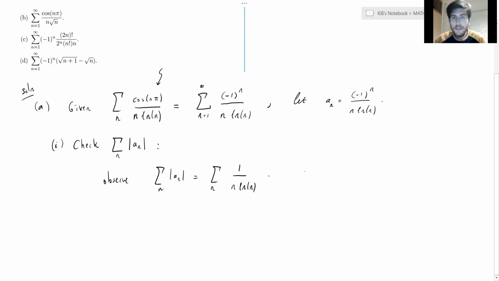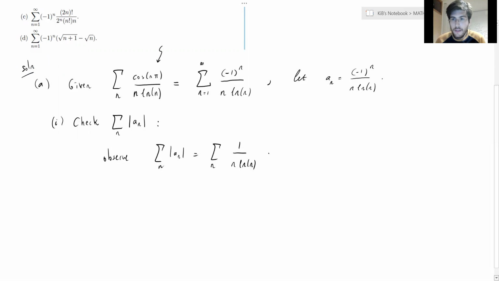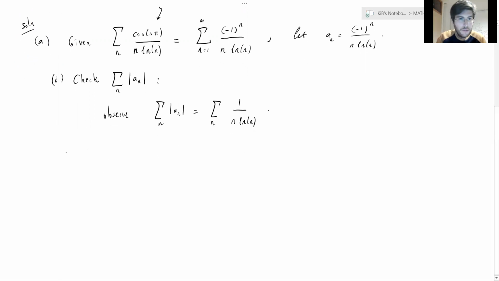And remember, we can use the integral test. Just look at the corresponding improper integral. Note that n starts from 2, not 1, and therefore this integral starts from 2.